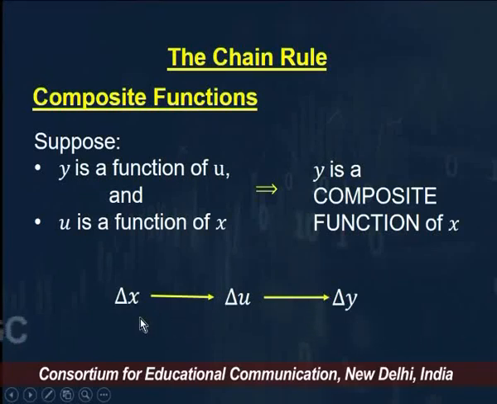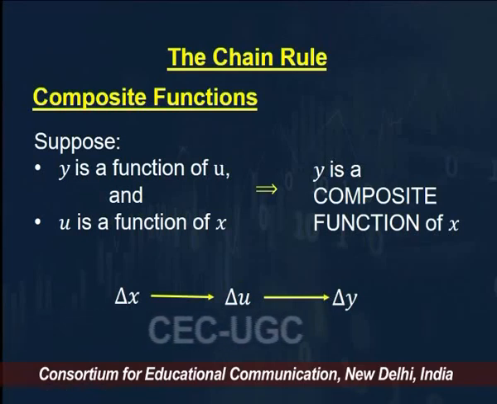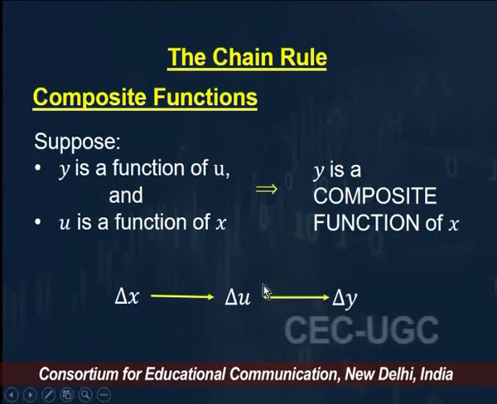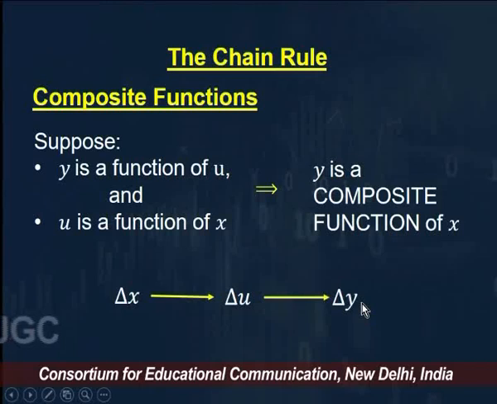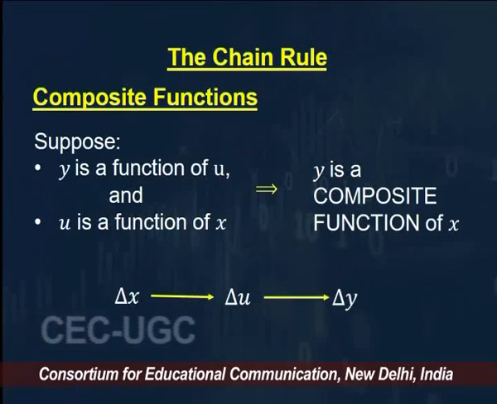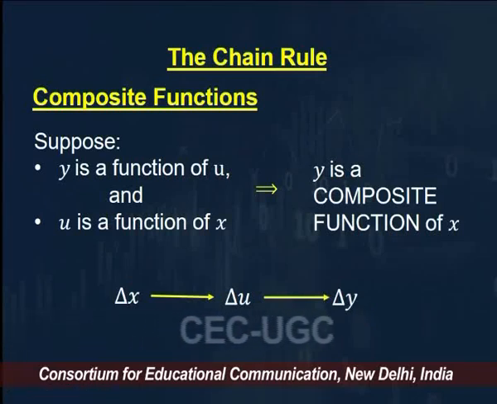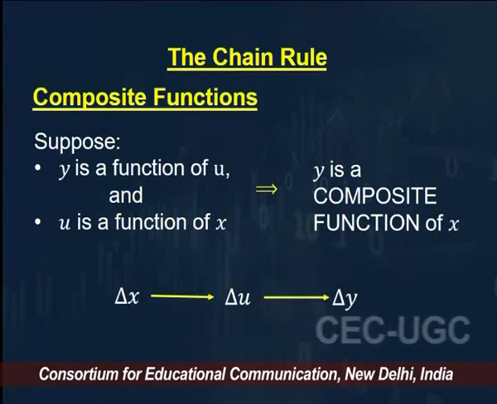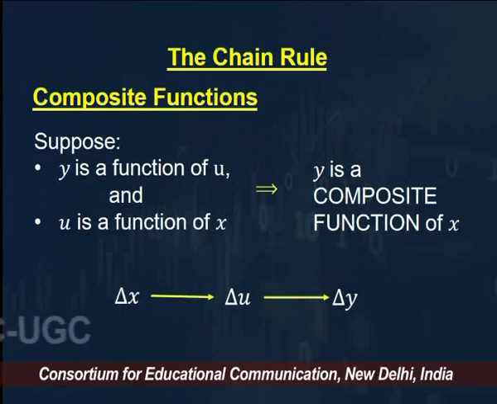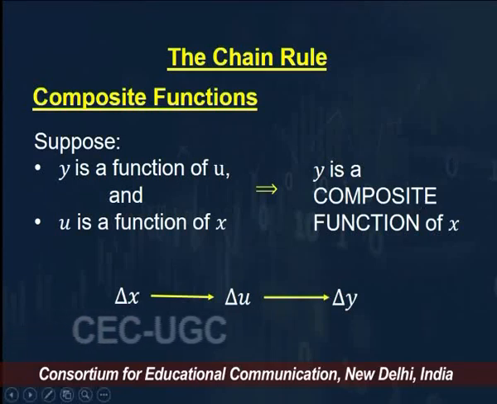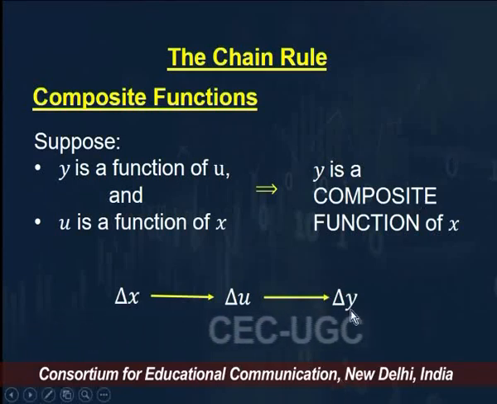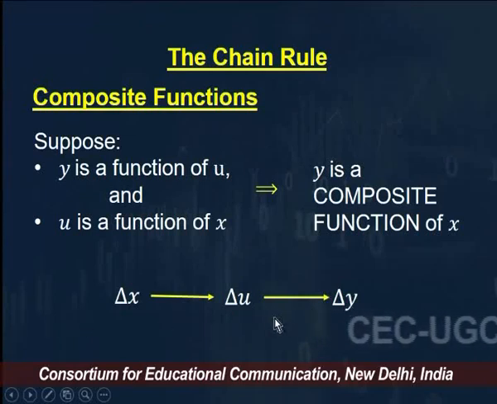Change in x will lead to a change in u, which in turn will lead to a change in y. So this is the idea of a situation where y is a function of u and u is a function of x, so that y becomes a composite function of x, which is saying that a change in x leads to a change in y, which is routed through u.